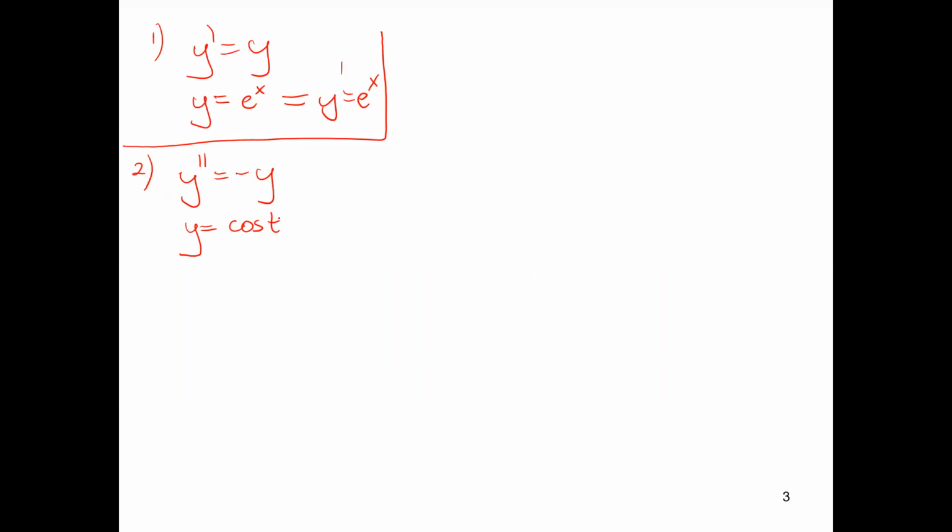Let's verify. The first derivative is negative sine of t, and the second derivative is negative cosine of t. Then the second derivative, negative cosine of t, equals negative y, and y was cosine of t.